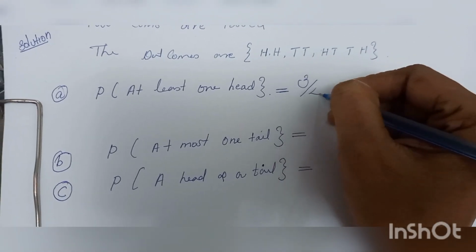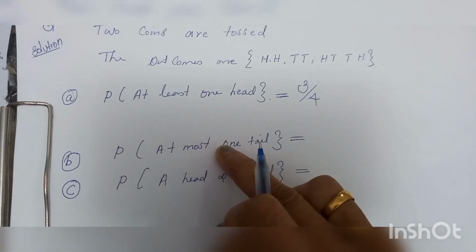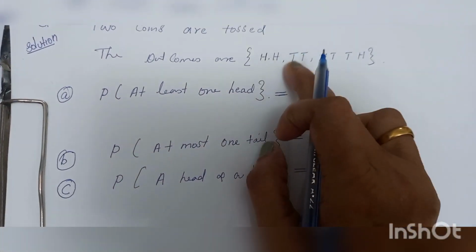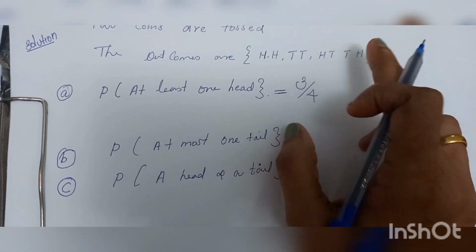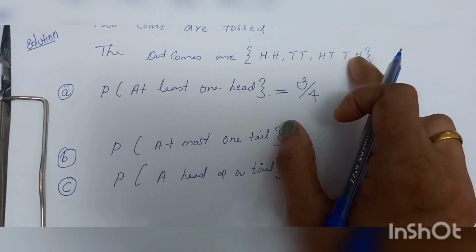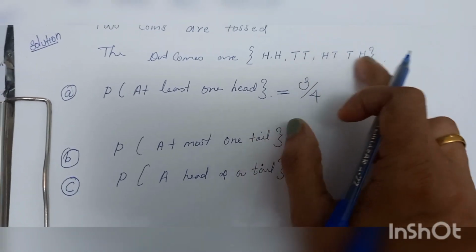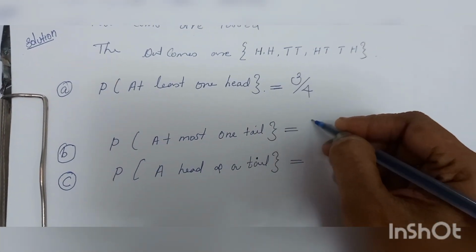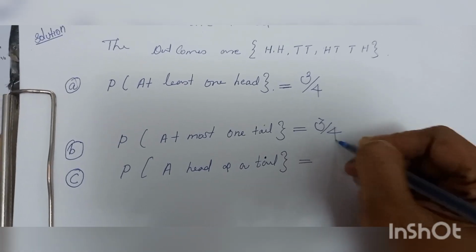Then probability of at most one tail: 1, 2, 3. Maximum one tail is 3 by 4. Again we get 3 by 4.